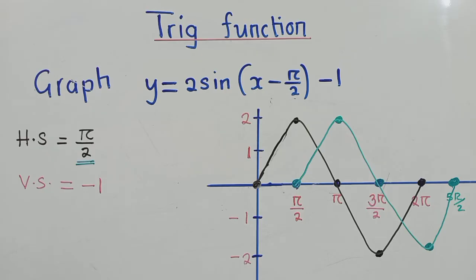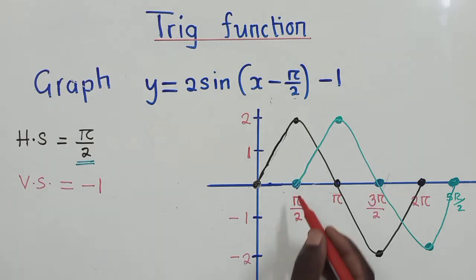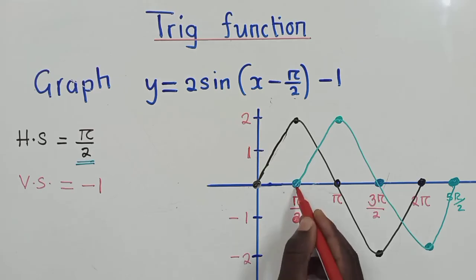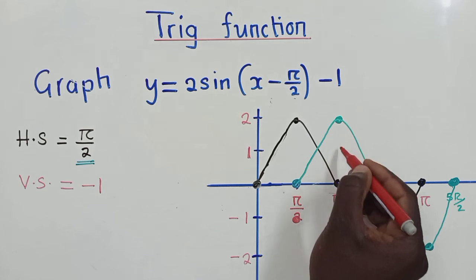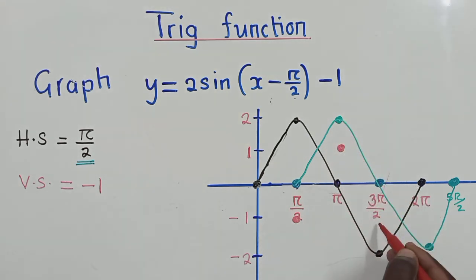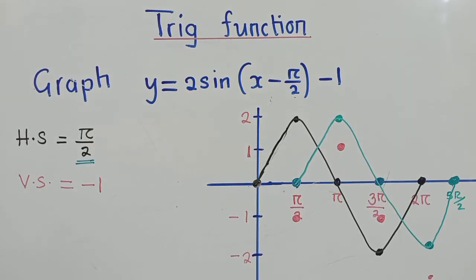So now this point will come here because it's 1 step downwards. This point will come right here. And this point will move 1 step down. Meaning there will be a negative 3 right here.